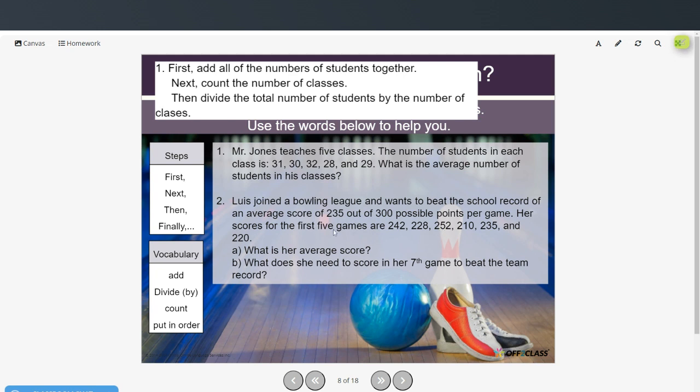This is the first 5 games, but there are 1, 2, 3, 4, 5, 6, so it should be 6 games. There's a mistake there. So you'd add all these together, divide by 6, and that would give you the average score. And then you would figure out how much you would need to increase the average to 235.